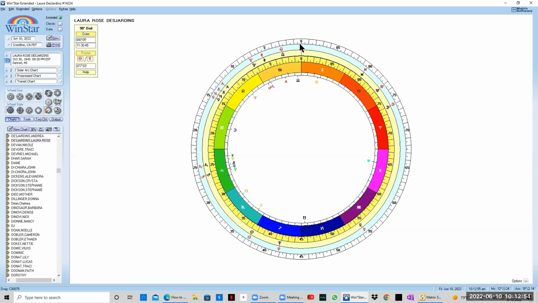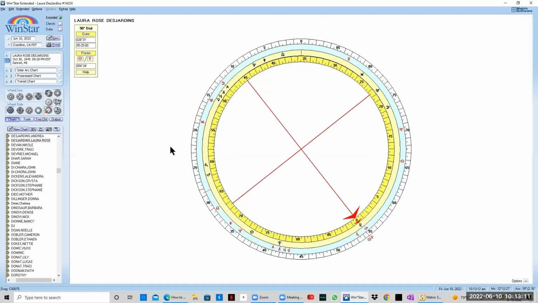So if Moon, Uranus, and the Midheaven are active in a chart, you want to see if any of these planets have moved into position. Now, 1972 was when I studied astrology. So let's move this to 1972.